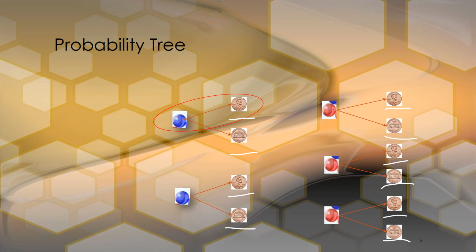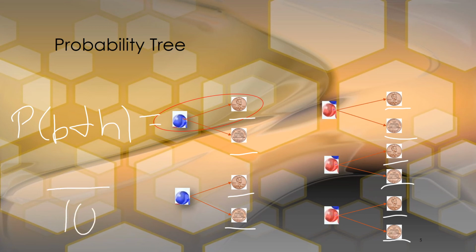outcomes that are possible. So if we want to find the probability of getting blue and heads, on the bottom we're going to have 10. Those are the possible outcomes when we do these two kinds of experiments. But we wanted to know what is the probability of getting heads and blue.